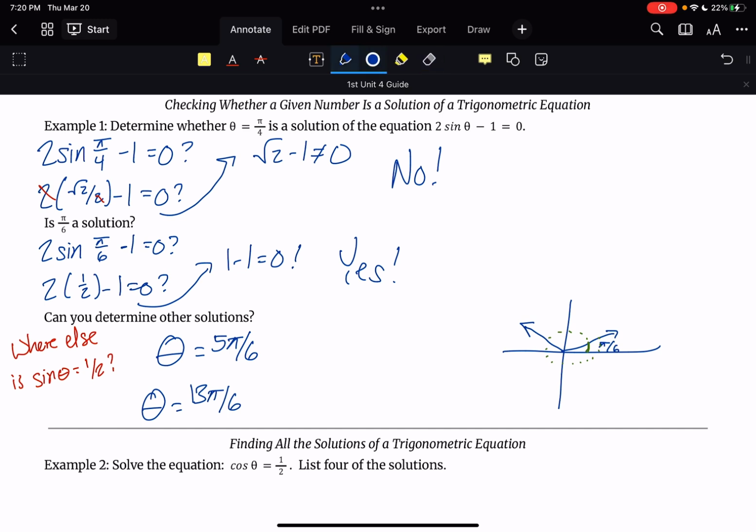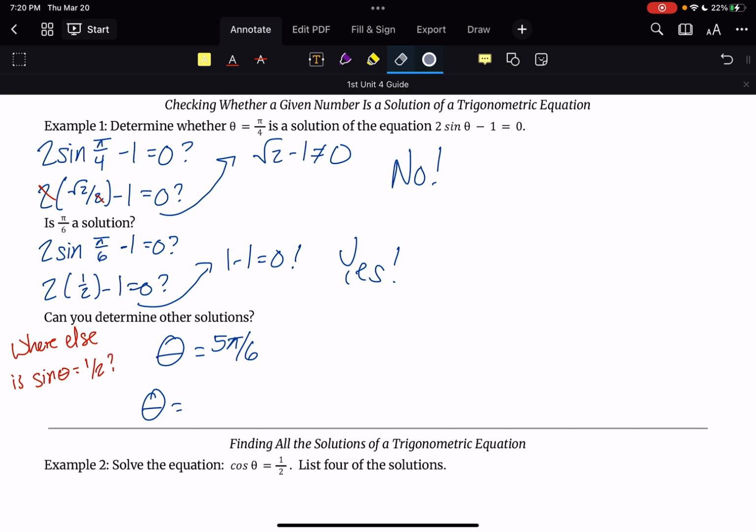If I think about what I have in purple as an angle of rotation, this is 5 pi over 6. If I do another full rotation around, that's adding 2 pi, which gets me an angle of 17 pi over 6. We can just keep going around doing full rotations, but our base angles here are pi over 6 and 5 pi over 6.